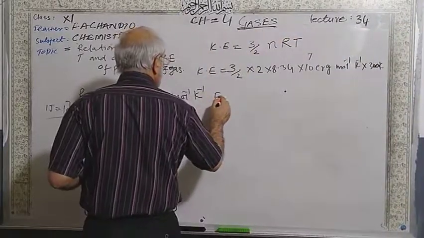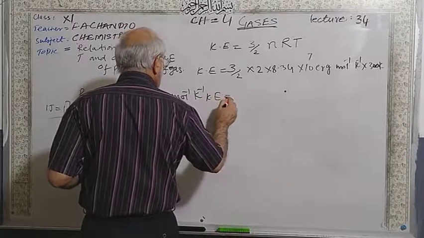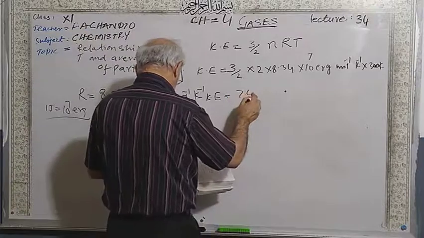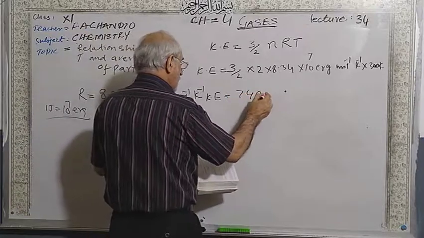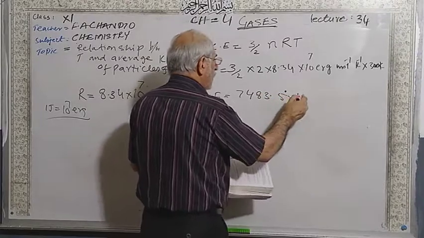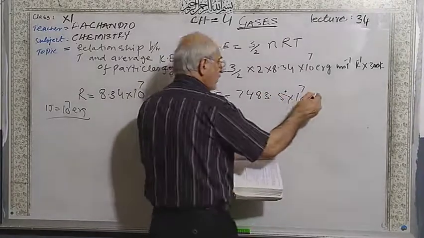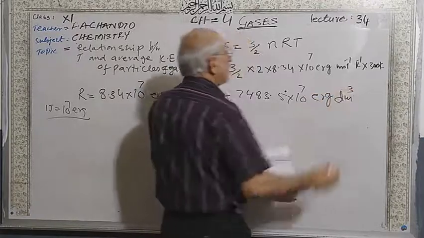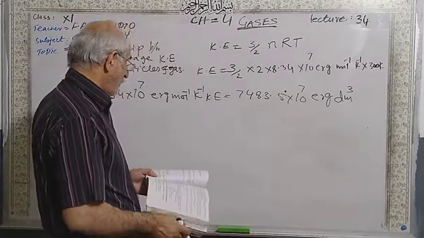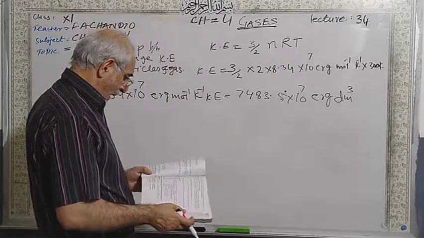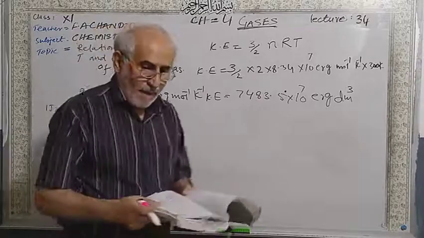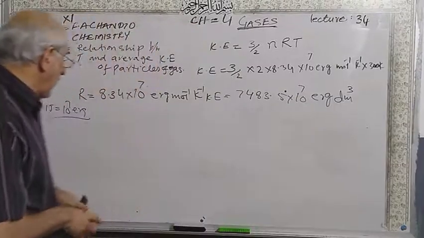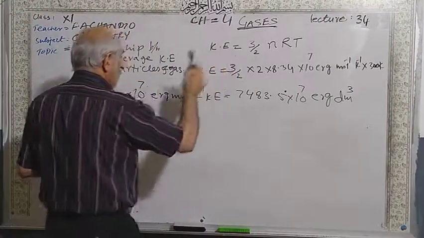So if you solve, then kinetic energy will be equal to 7483.5 into 10 to the power 7 ergs decimeter cube. So this is the value of kinetic energy by using this formula.